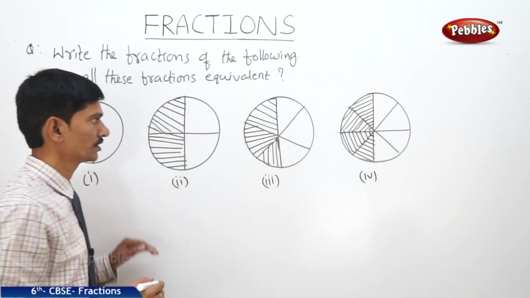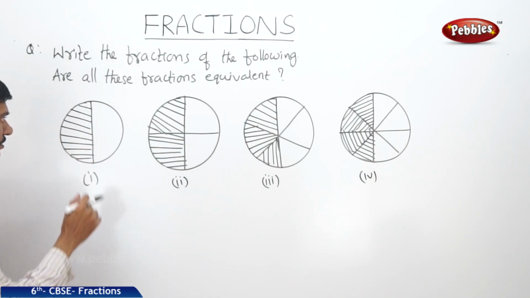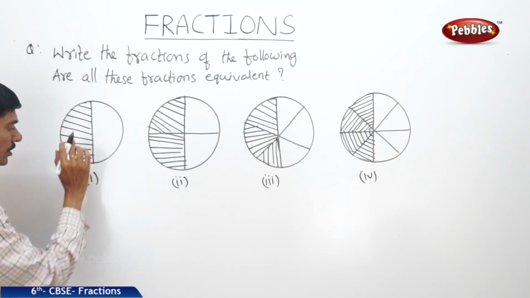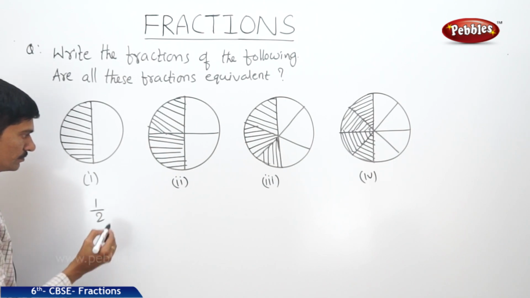Now let us represent each figure by using a fraction. In the first case, out of two parts, one part is shaded. So this can be represented by 1 by 2.